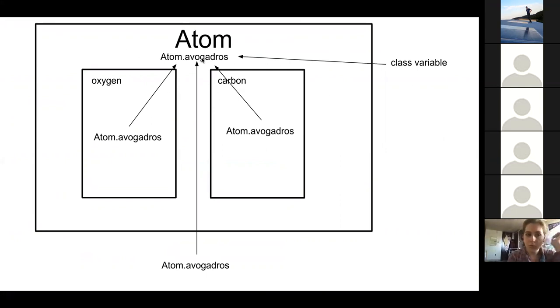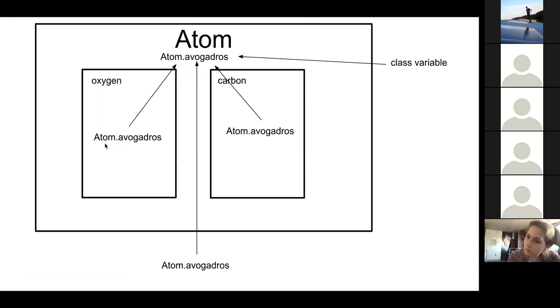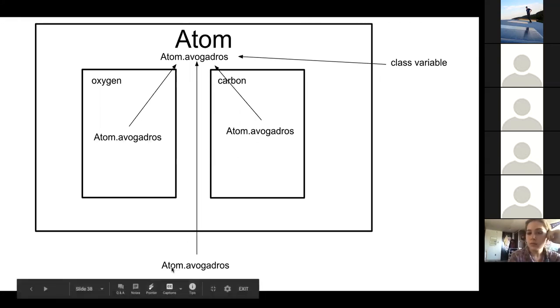They're all going to use the same Avogadro's number, which makes sense because Avogadro's number is a constant across all atoms. And so we can access that from anywhere. We can access that from inside by putting the name of the class as a prefix, dot the variable, Atom.avogadro's number. Here, outside of the class, we can refer to that.